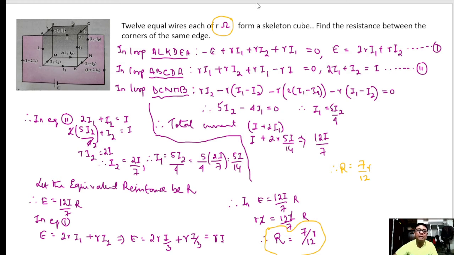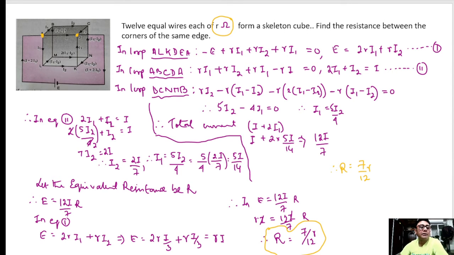Find the resistance between the corners of the same edge. Now we are taking the same edge, so the distribution of the current will not be symmetrical. So let us first see.